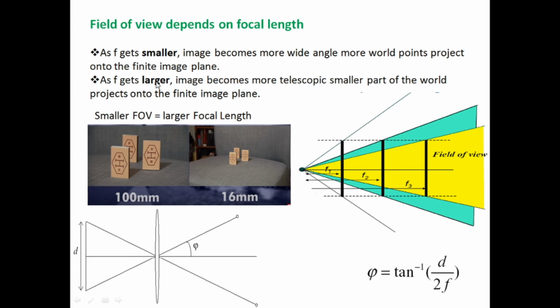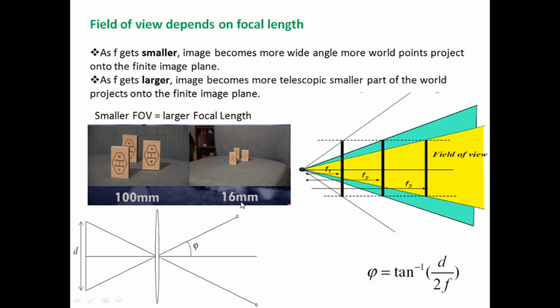So if f gets larger, as f1, now f2, now f3 is the larger here. So f3 being larger means the image becomes more telescopic and a smaller part of the world projects onto the finite image plane. So only a smaller part of the world will be projected here. For example, you can take the larger focal length lens, that is 100 mm, and see how the image appears, and if it is smaller, how the image appears.